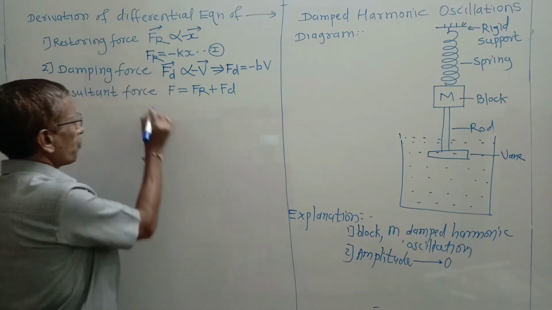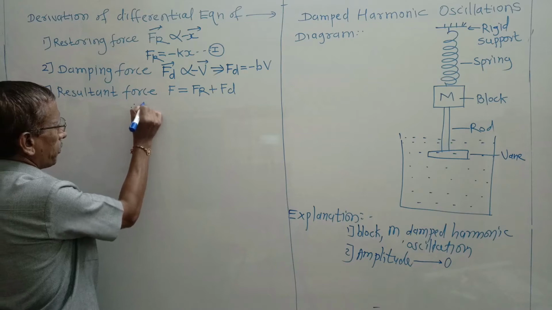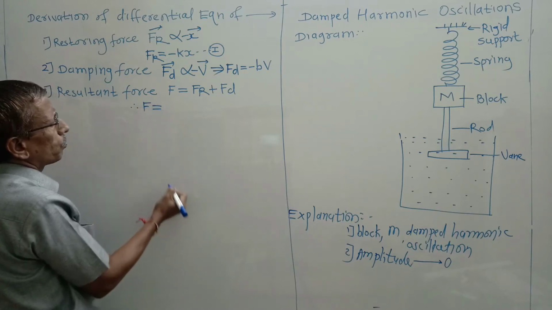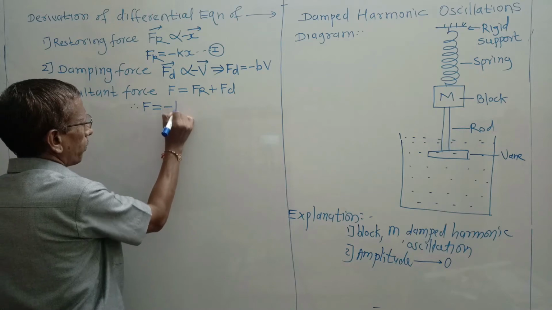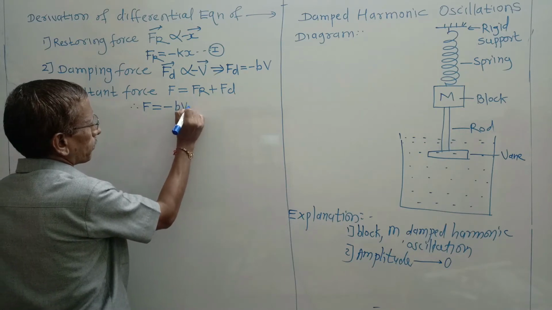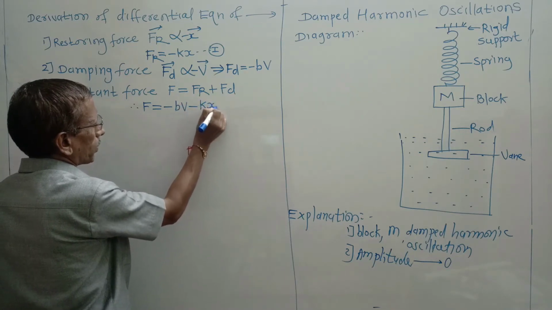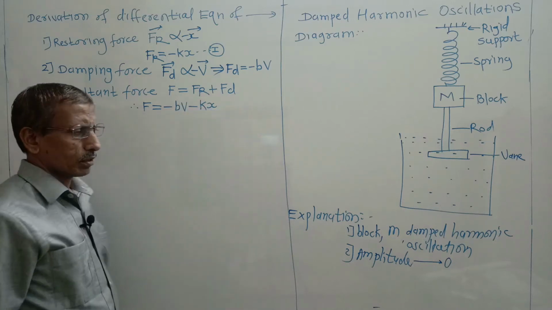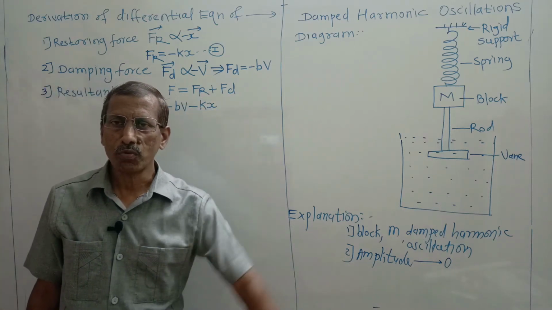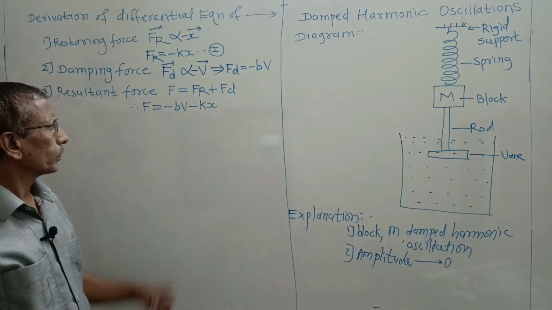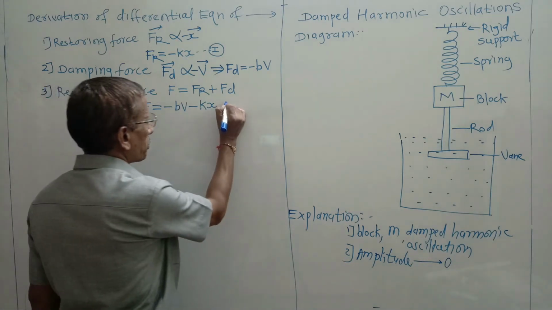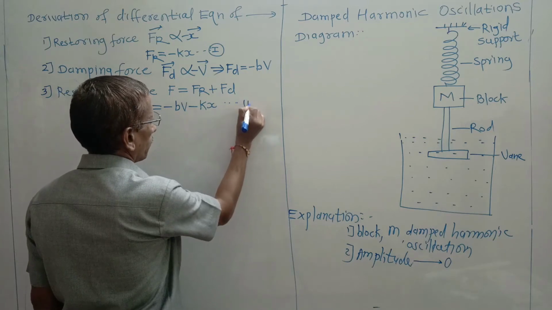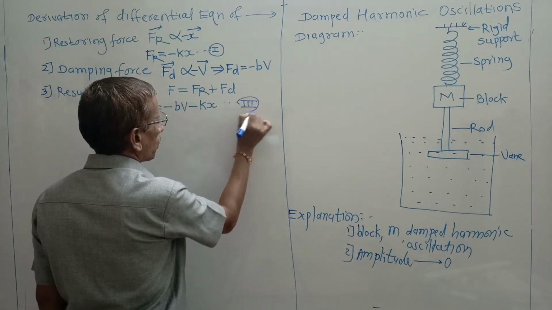So we can write F is equal to minus Kx minus Bv. This is the resultant force acting on the block.